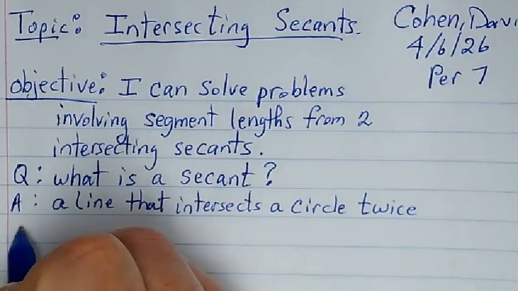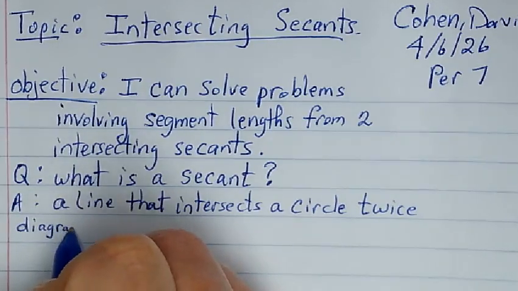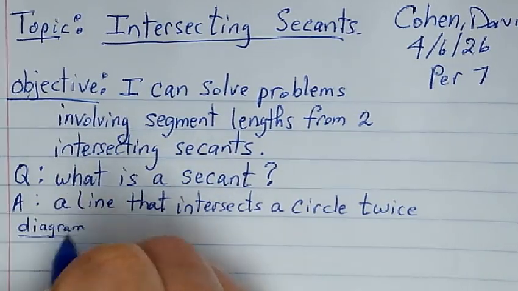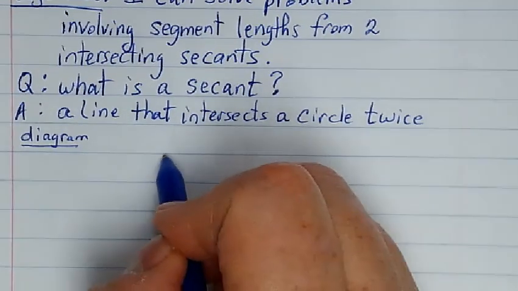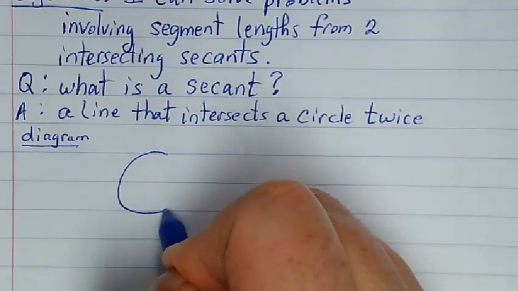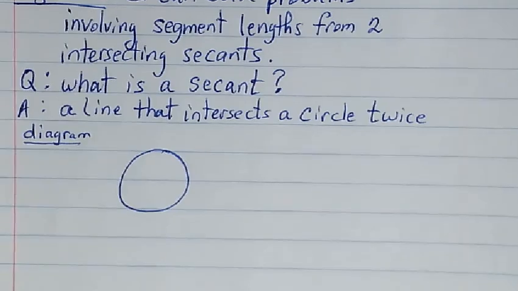So here is a diagram. The diagram would look like this. Suppose you have a circle, however you draw your circle. I hope it looks better than mine.